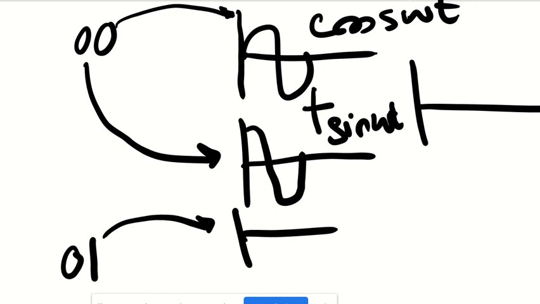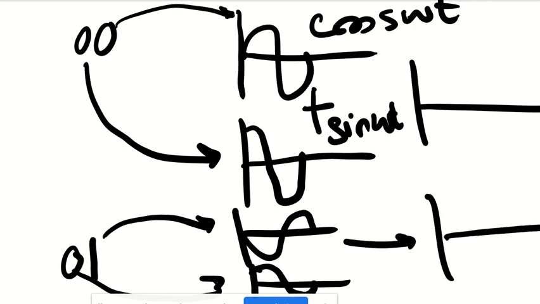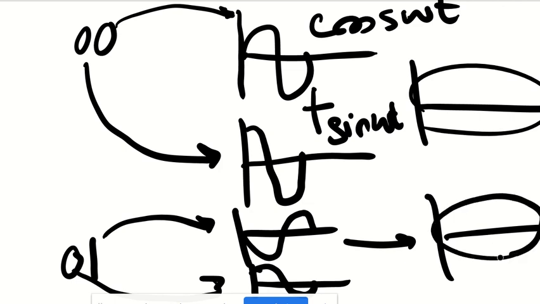So your signal will be flipped. So that will be flipped, and 0 will be the same, and then you add them. And then whatever signal you get here has a 90-degree phase with the signal that you have here. That's the idea. They are 90 degrees out of phase.